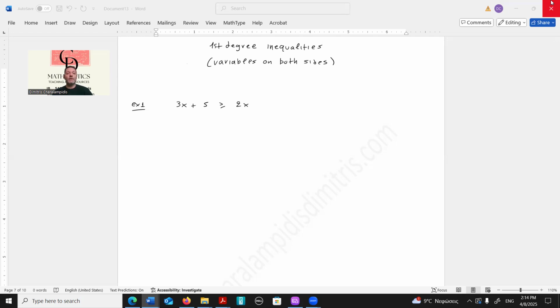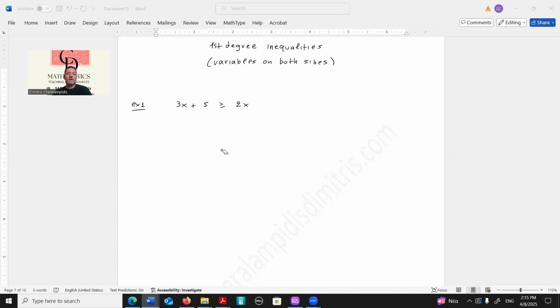And finally, in order for my answer to be complete, I need to escort it by a visualization of my solutions. This means that I need to draw a number line on which all my solutions are clearly shown. With that said, let's start working with exercise number one.